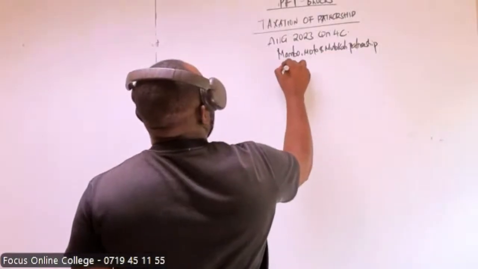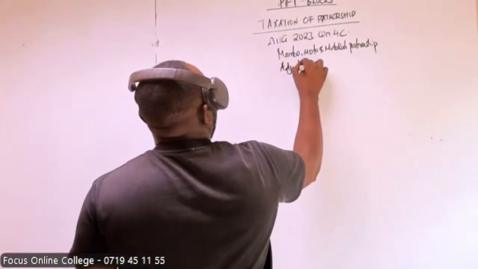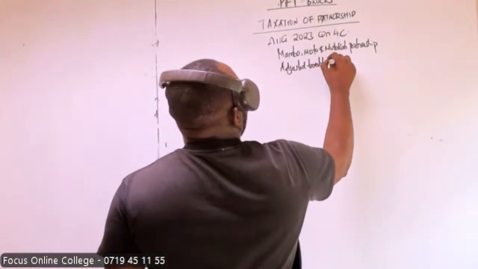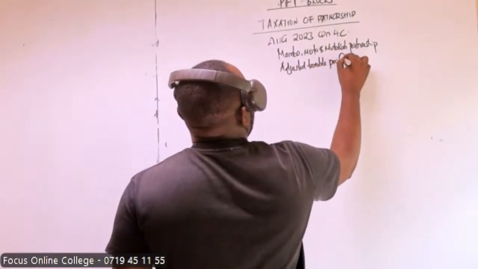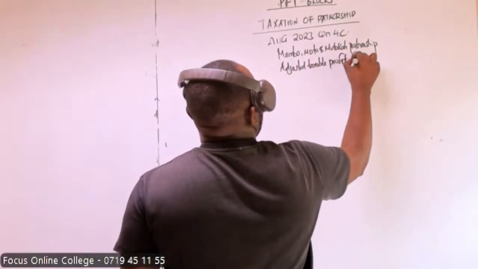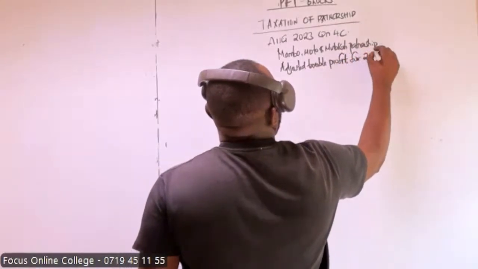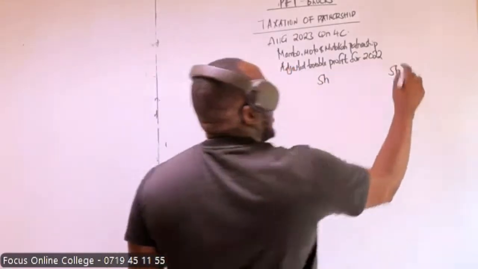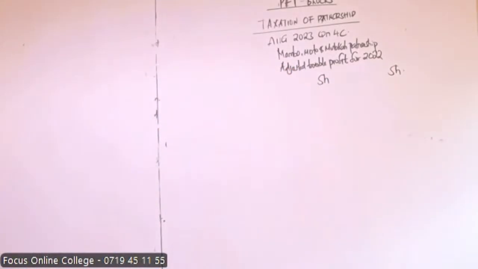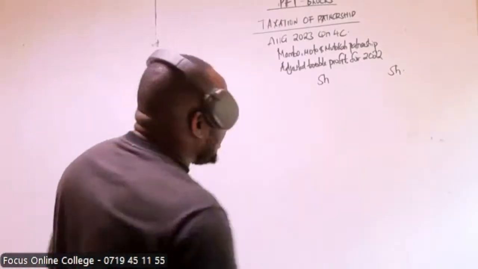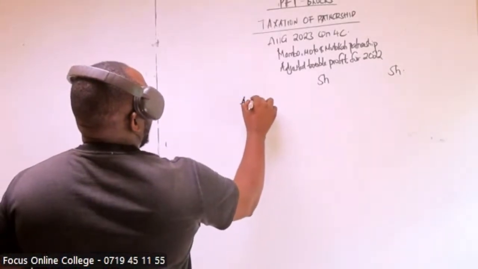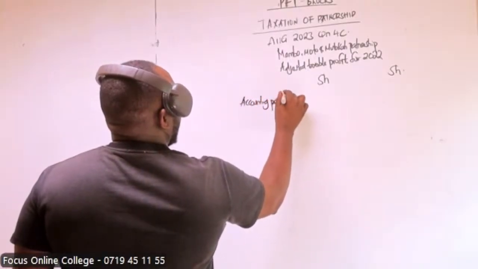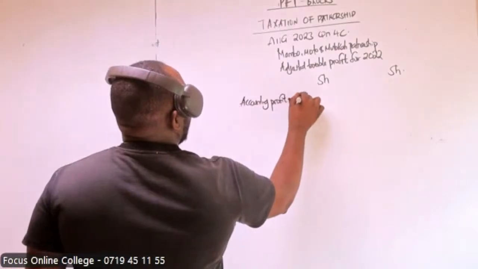We call it adjusted taxable profit for 2022. So we have the figures here. We start with accounting profit provided. So we have the accounting profit. This is provided.